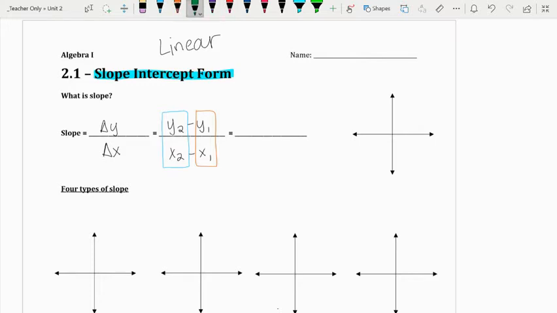Okay? The big thing that you'll hear is rise over run. Okay? Rise over run. So, what really is slope? It's how quickly something is increasing or decreasing.